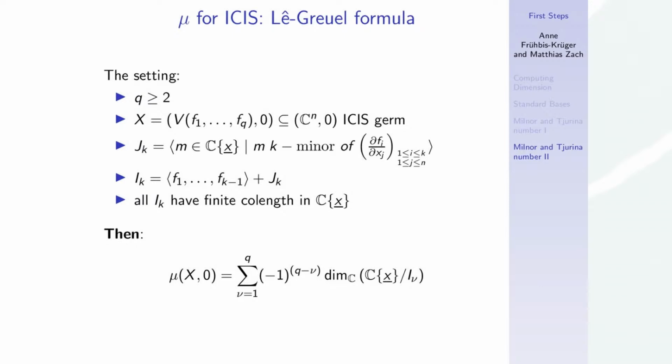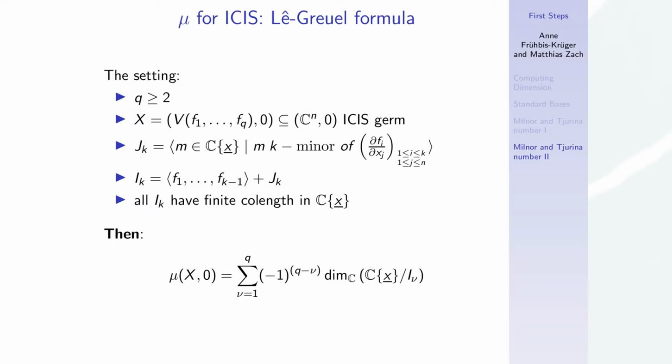So our setting is we have an isolated complete intersection, which is not a hypersurface. So Q is at least 2. And it is a complete intersection, which is to say that the number of Fi we are seeing here is precisely the codimension we have in Cn. And it has an isolated singularity at the origin.